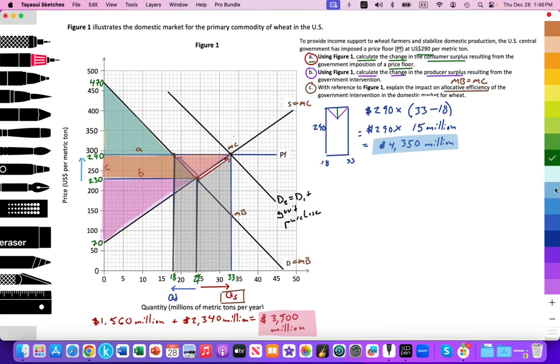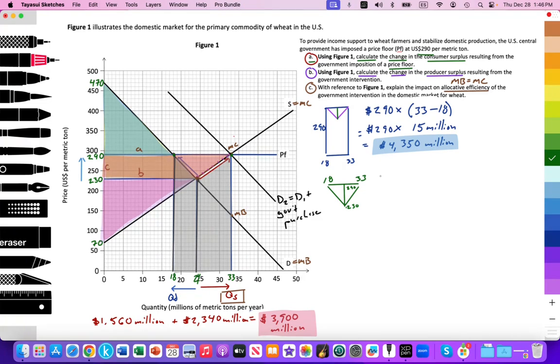So here we have a triangle with that base of 33 and 18, so I have to subtract those two. And then I have this height of 290 and 230.